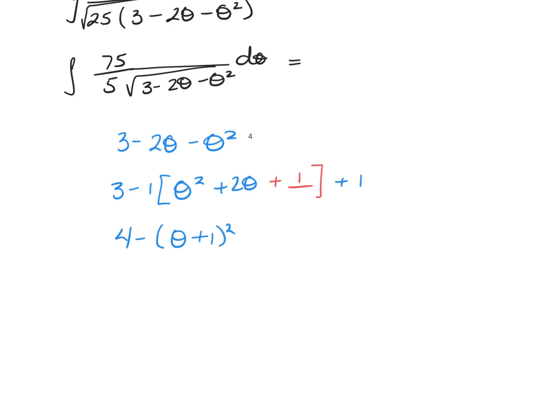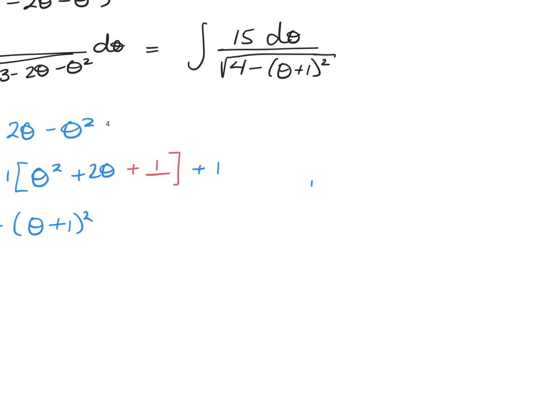So what this really is, I'm going to take 75 and divide it by 5. And when I do that, I'm going to get the integration of 15 d theta. Then in the denominator, I'm going to get the square root of 4 minus theta plus 1, the quantity squared. Now, this is so similar to what I've had before, except I want to have it 1 minus.